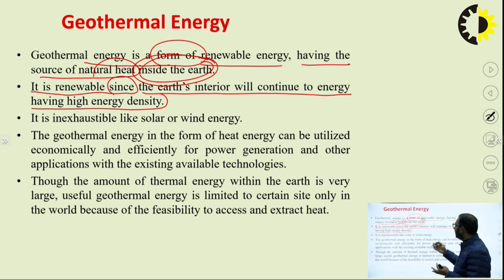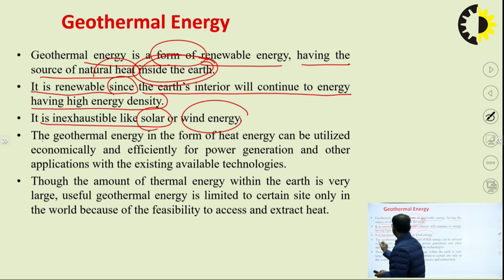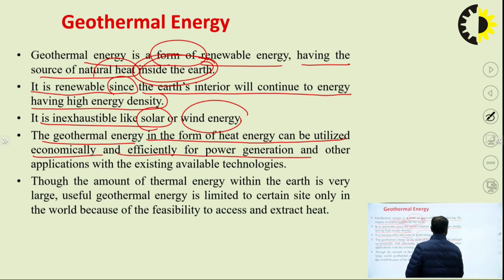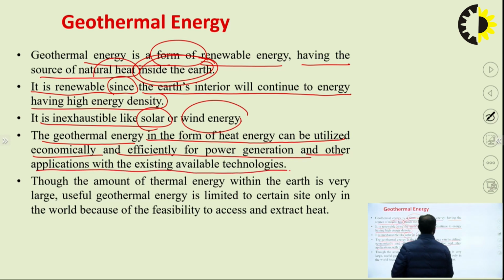Means the heat occurring inside the earth is inexhaustible and it is natural. So we can say that geothermal energy is a renewable form of energy. It is inexhaustible like solar or wind energy. The geothermal energy in the form of heat energy can be utilized economically and efficiently for power generation and other applications with the existing available technology.